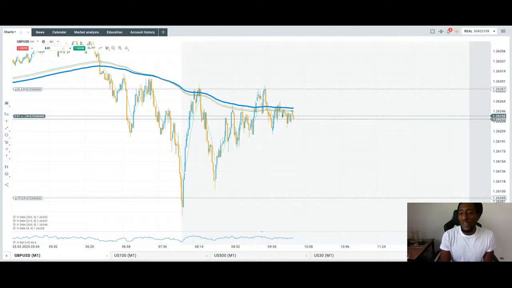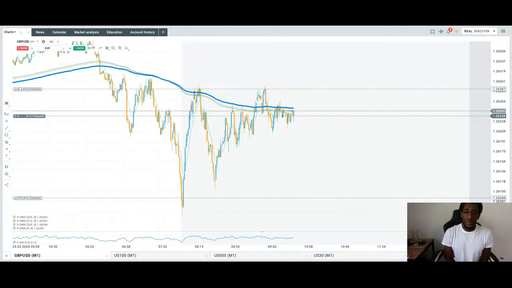Price can slow up. There's no data coming out for the next few days, so you do get these sort of slow, choppy markets. I really don't like the price action, to be honest. It's not the best setup. Not the cleanest setup, I should say, in terms of what's actually played out in price action.